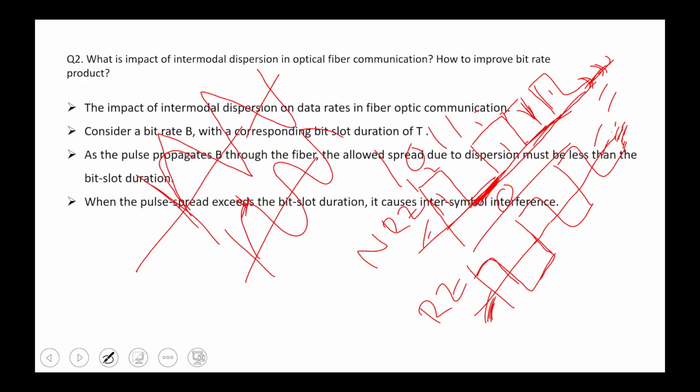What is the impact of intermodal dispersion on data rate in optical fiber communication? It will cause a mismatch in the data rate, the bandwidth may mismatch, or inter-symbol interference will happen. What is the bit rate product in that case?